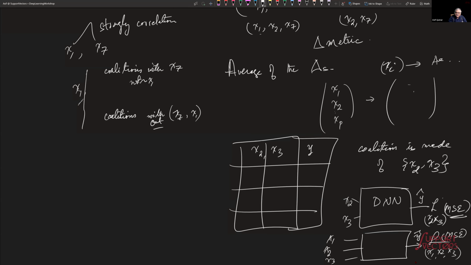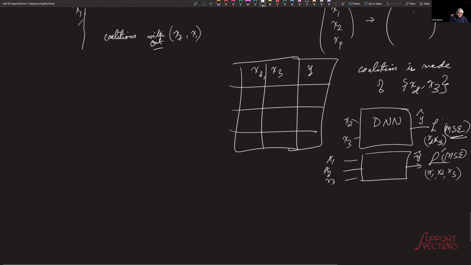Now let me call this L prime, right? The idea, hopefully, assuming that X1 matters, is that one thing that is guaranteed is that L prime should be a better model, or if X1 doesn't matter, it should be as good a model as without X1, isn't it?